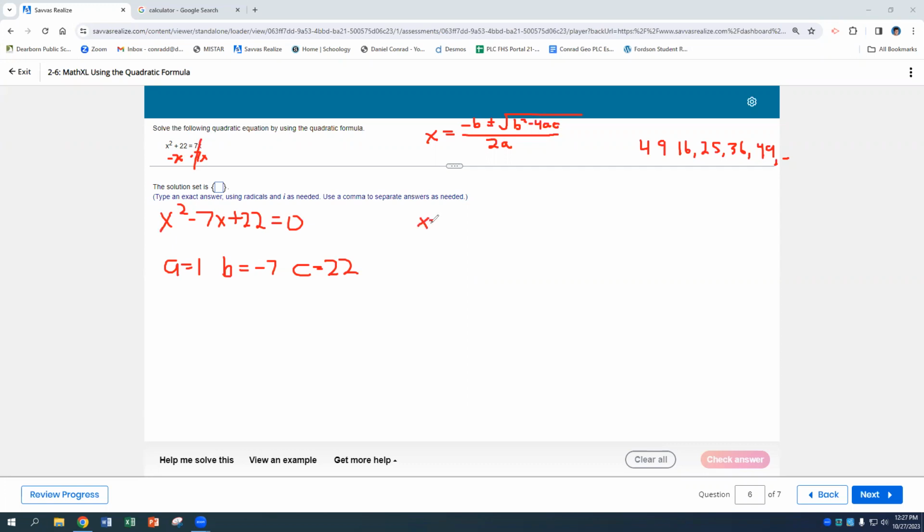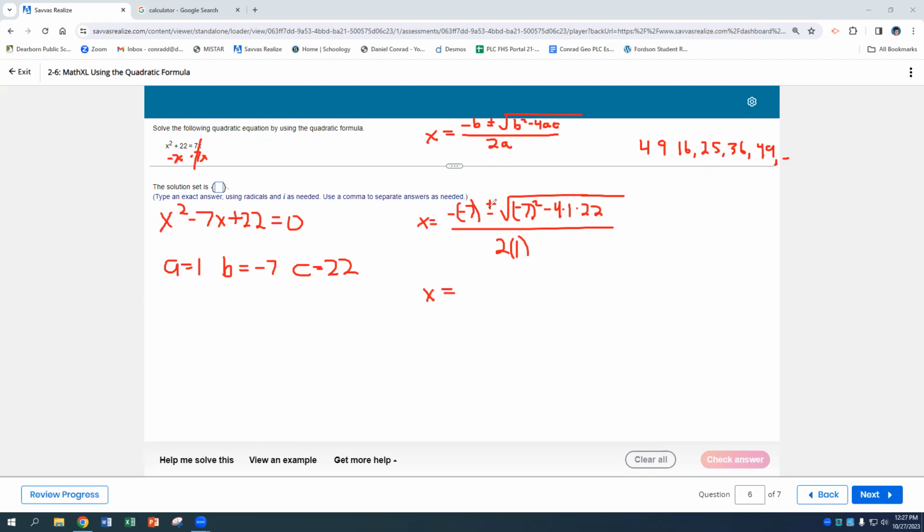So x equals minus -7, opposite of -7, which is going to be +7. Square root -7 squared minus 4 times 1 times 22. Okay, this is a good one because it's going to end up being a complex number. 2 times 1.